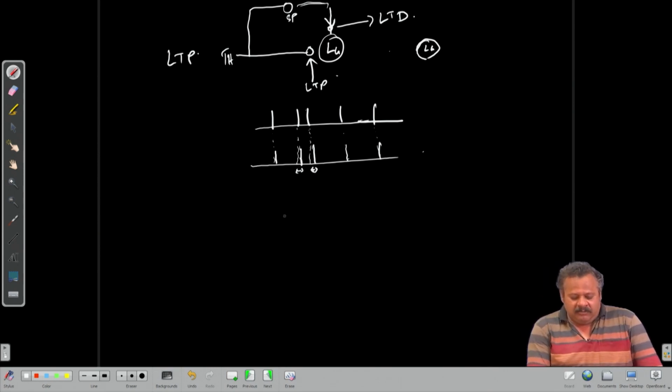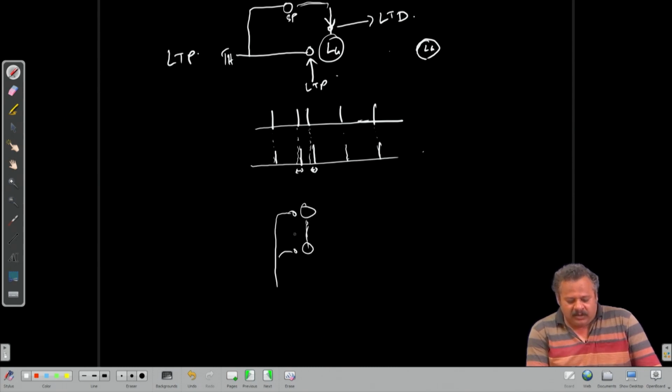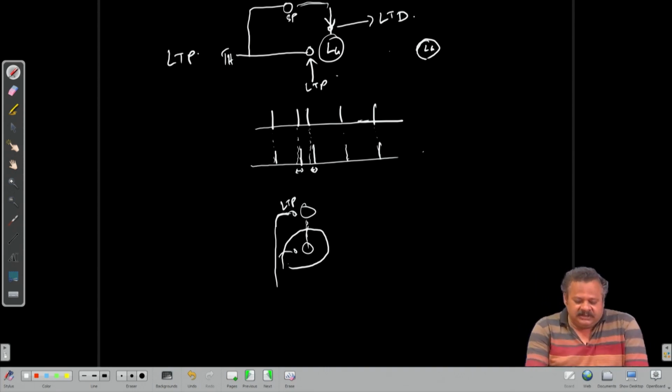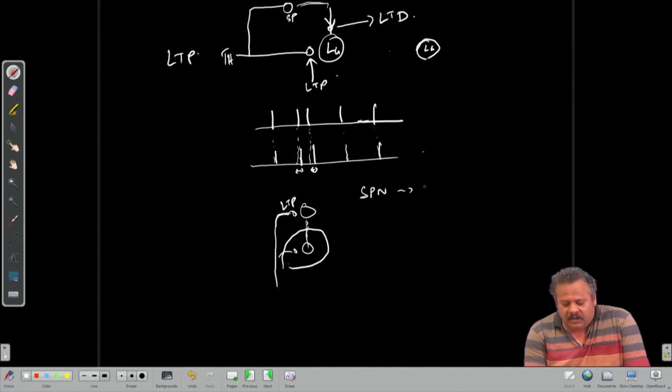However, the ultimate objective of driving layer 4 through the subplate is that this part of the circuitry now goes away, and the LTP in this synapse finally causes the thalamocortical circuitry to form. So, this has been an idea that is present, that subplate neurons are involved in developing the thalamocortical circuitry.